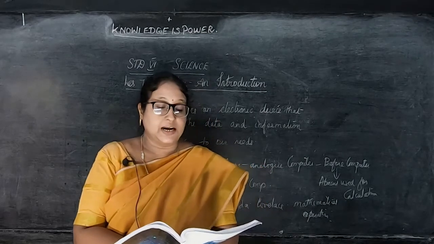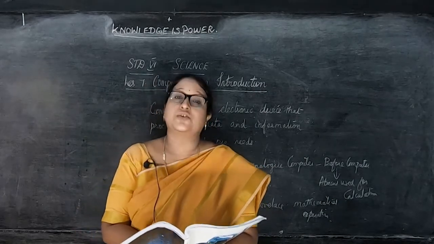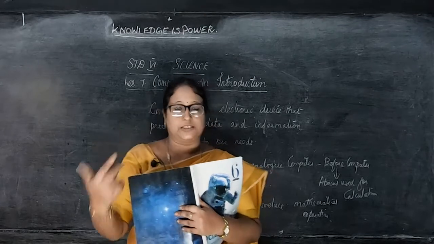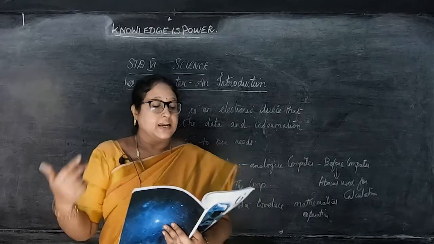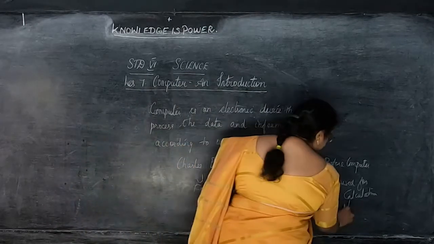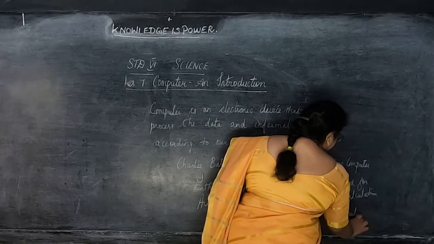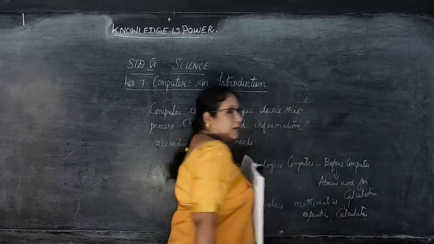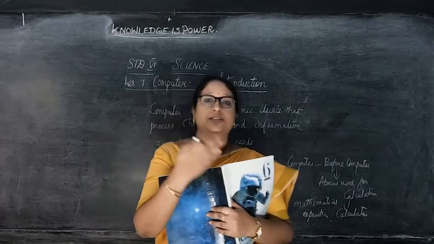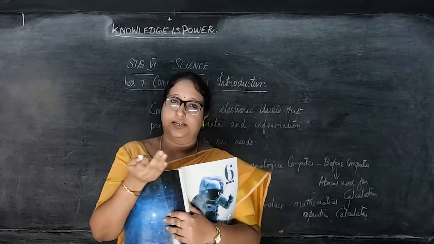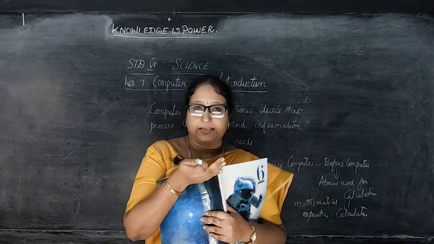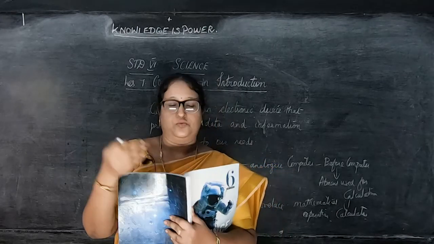Then later, they started using a device called the calculator for calculation. After the abacus, the calculator was used. Before the computer, all these devices were used in the early period.